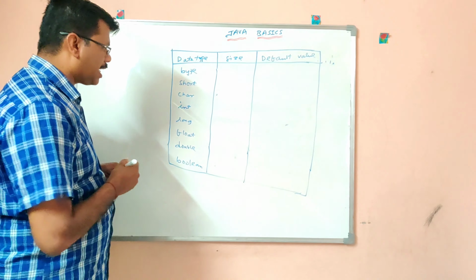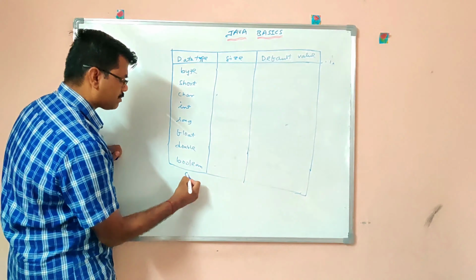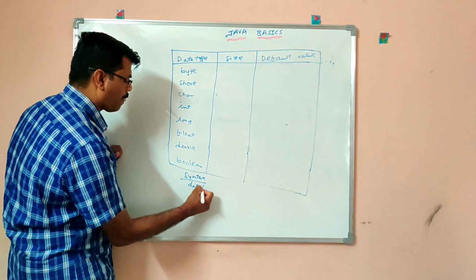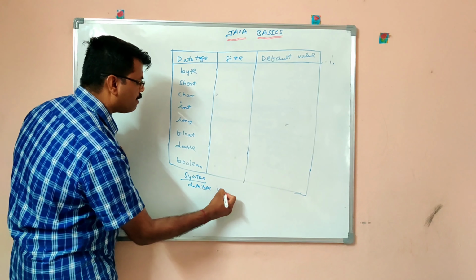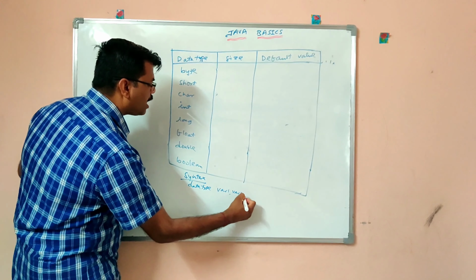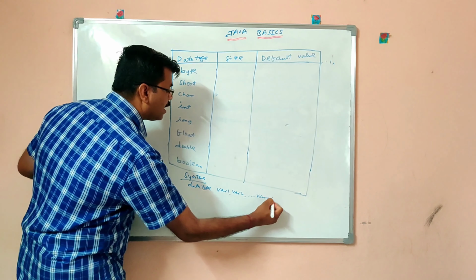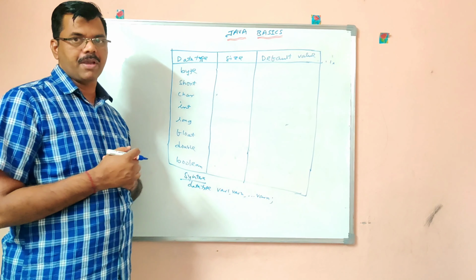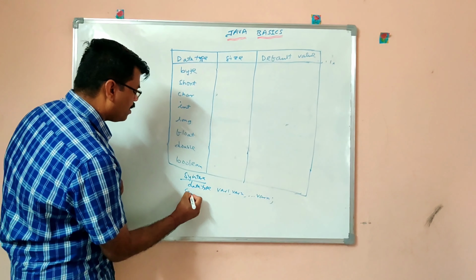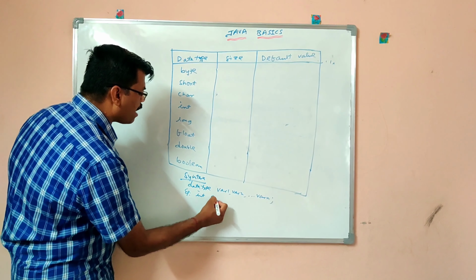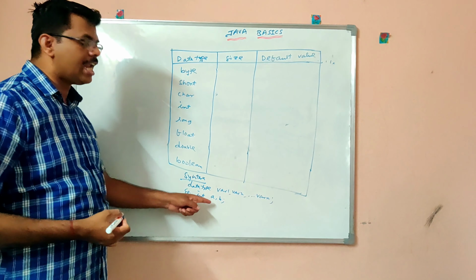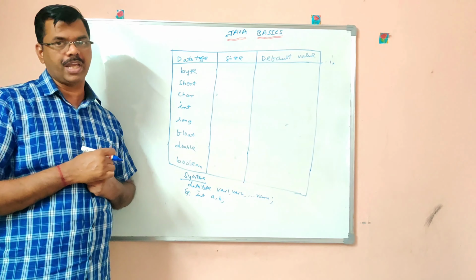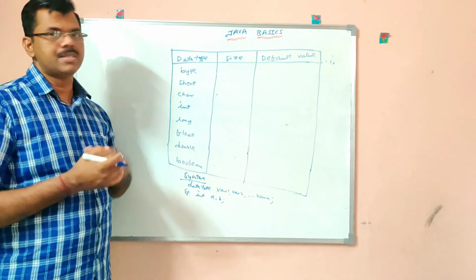And the syntax of declaring the variable is we go with the data type and we go with the variables like variable 1, variable 2, like that, variable n, and end with semicolon, because in Java every statement should end with semicolon. For example, if you take here int a, b, since a and b are of type integer, how much memory space is it going to occupy for these two variables? That is the meaning of size here.